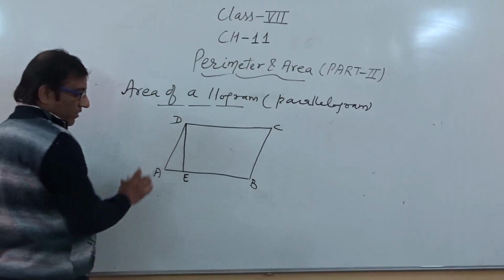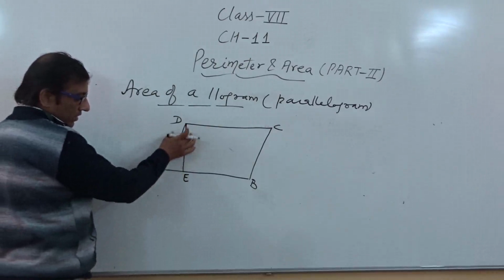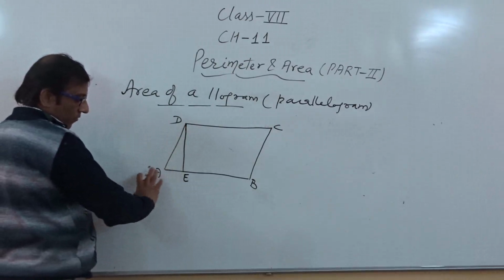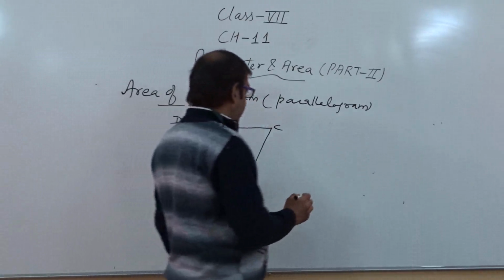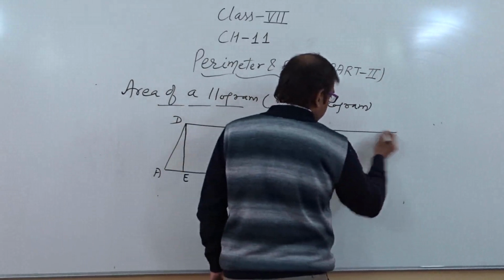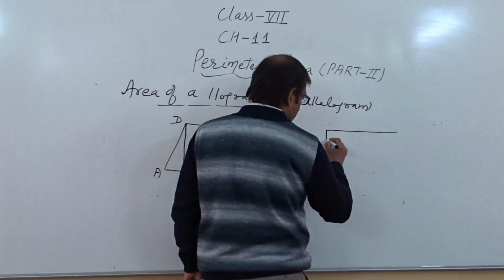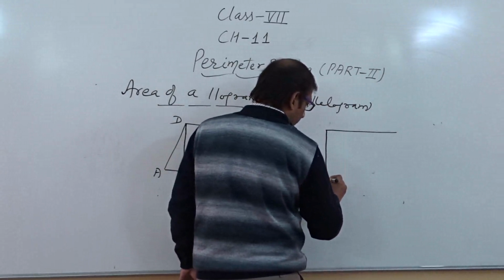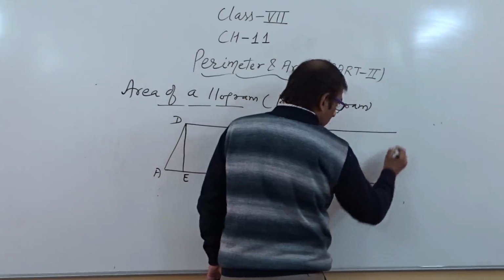If we shift this triangle AED from left side to right hand side, then what happened? We will make one more diagram. After cutting, if we paste here, it looks like this.